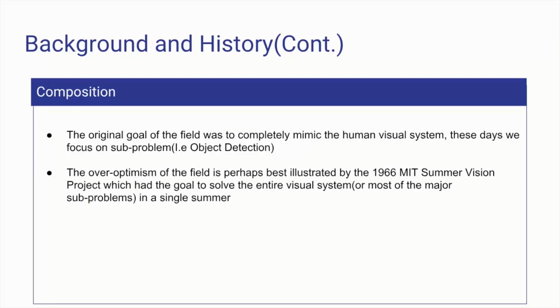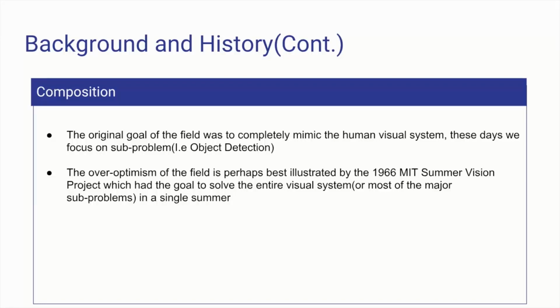The over-optimism, which I sort of hit on there, was rampant during these times, and it's perhaps best illustrated by the 1966 MIT Summer Vision Project, which had the goal to solve the entire visual system, not just most of it or some major sub-problems, all of it in a single summer. And these were some of Marvin Minsky's students.